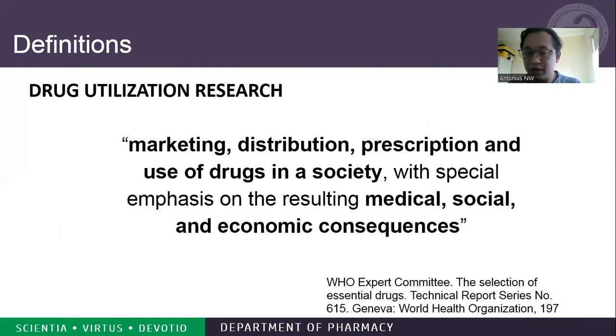Another definition is broader, by the WHO expert committee. This includes marketing, so the advertising and so on, and also the medical representative approach to the physicians are part of drug utilization research. So marketing, distribution, prescription, and use of drugs in a society.